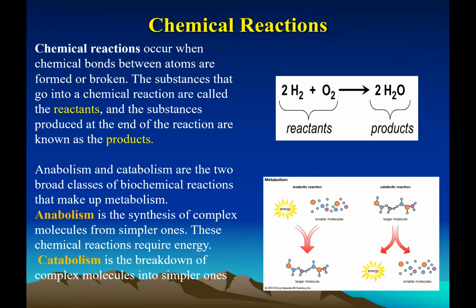There are two main chemical reactions that happen in the body. Like when you say metabolism, there are two main things. Anabolism is when small molecules are used in the presence of energy to form larger molecules. That means you're building up large molecules that the body needs. It's called anabolism.